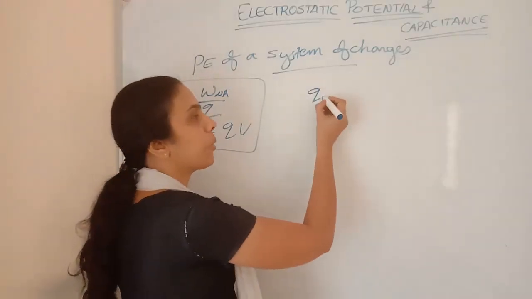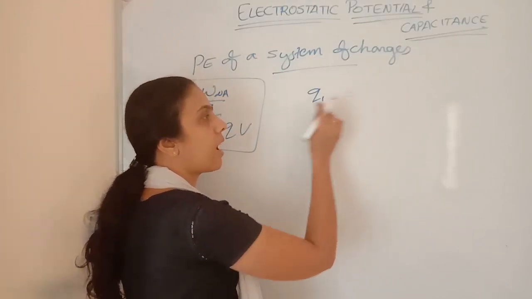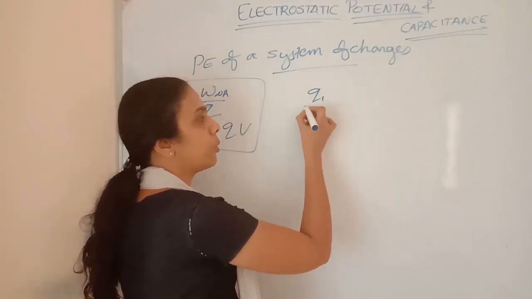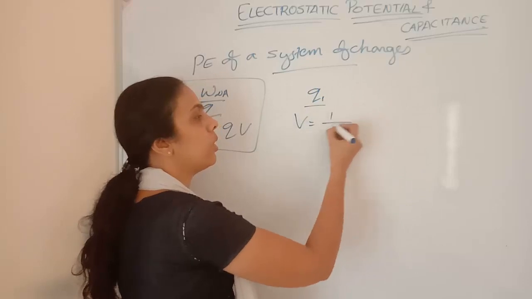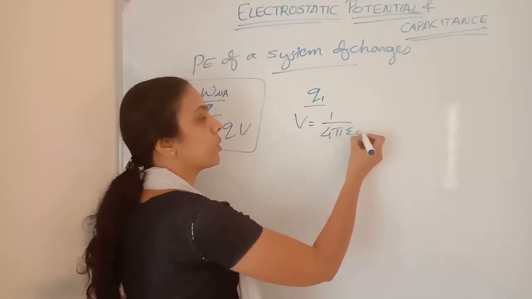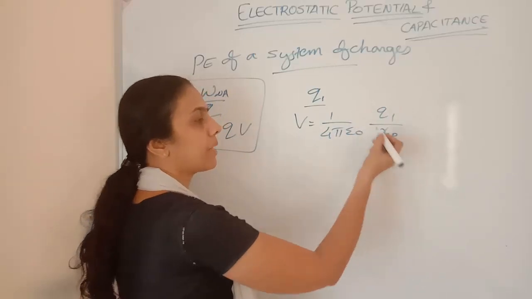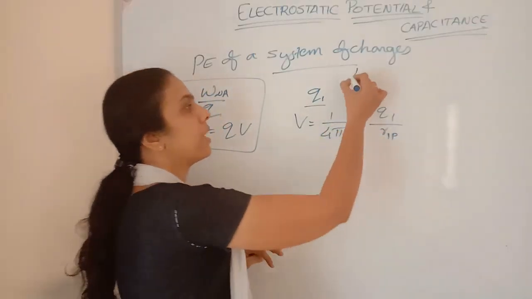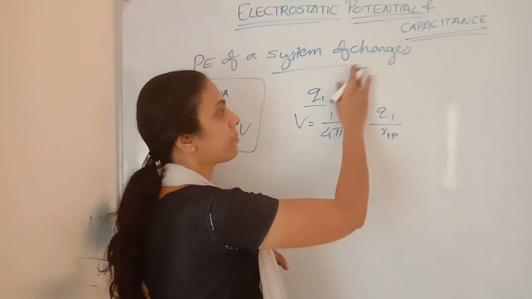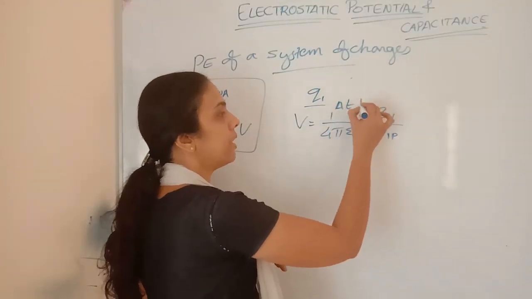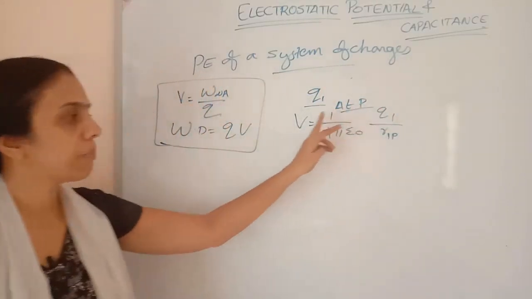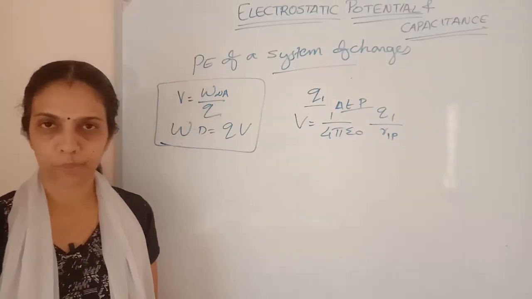For a particular point P, at a distance R from Q1, the potential will be V is equal to 1 by 4 pi epsilon 0 Q1 divided by R1P.